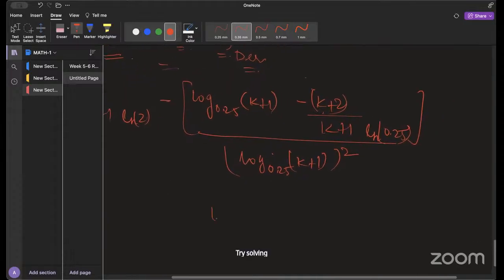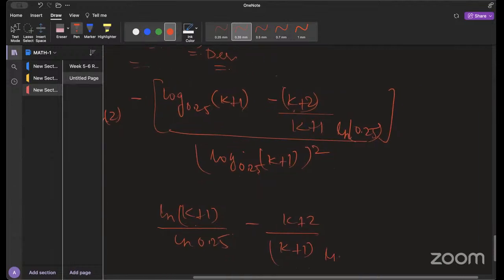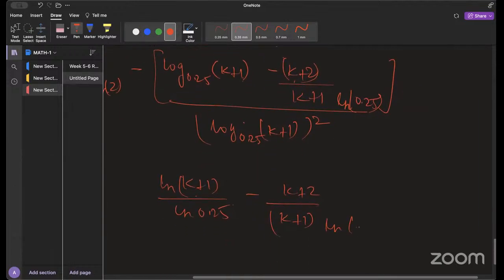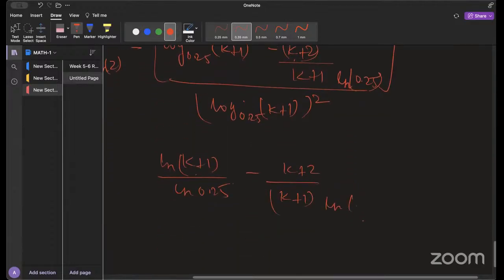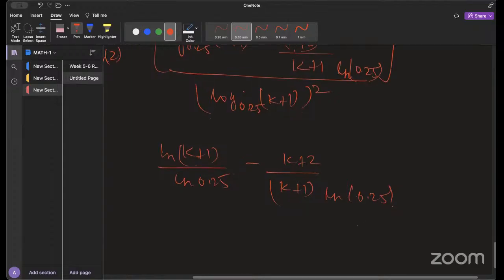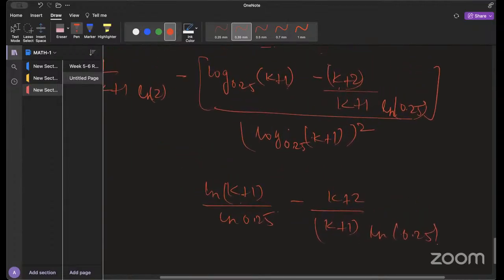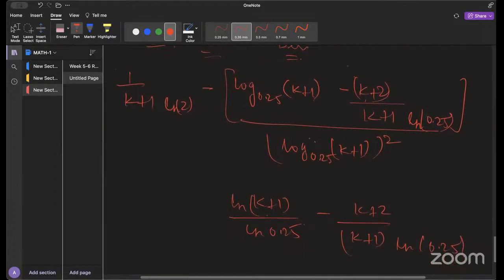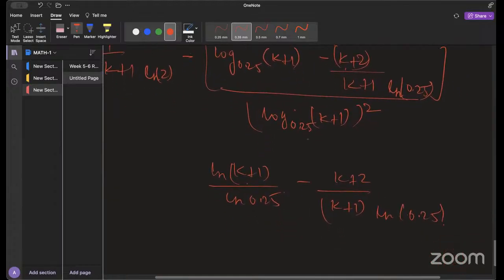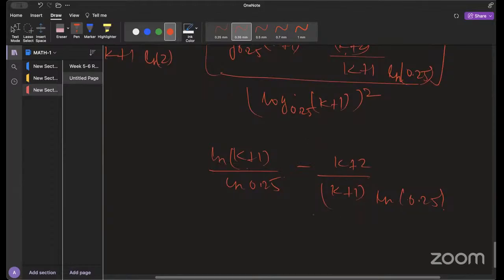Try solving it further. Natural log of k plus 1 squared.